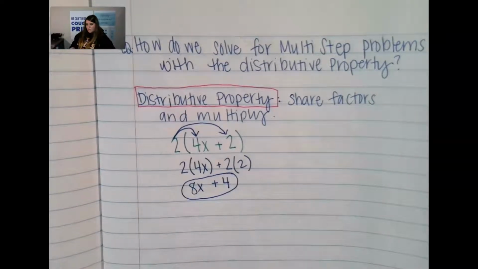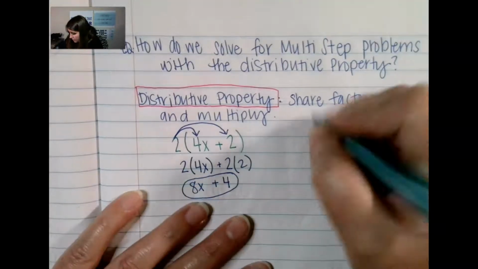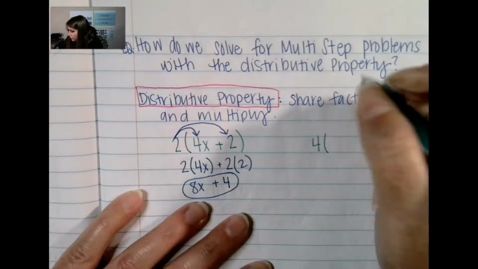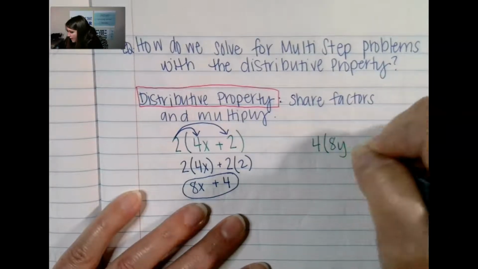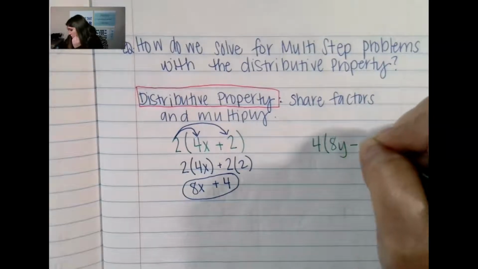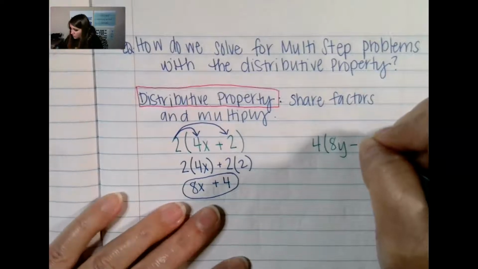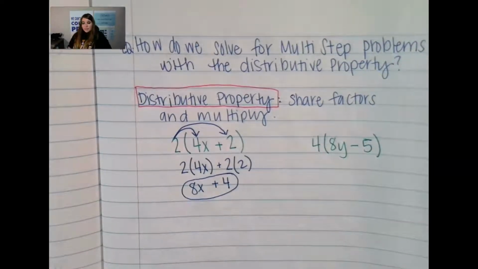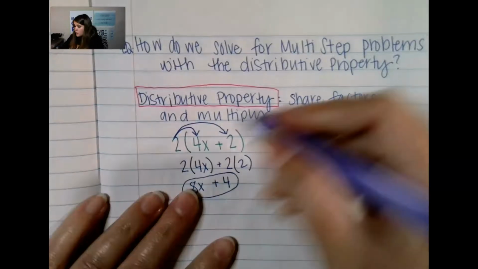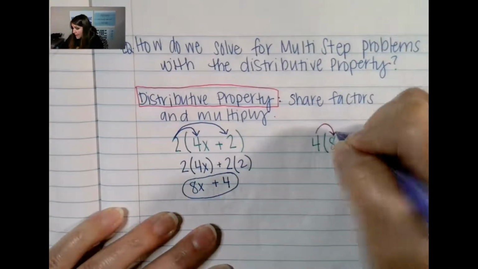Okay, let's do one more distributive property just so that we have it here. So let's say I have 4 groups of 8y minus 5. Okay, so in this same property, again, I'm sharing my 4 with the 8.